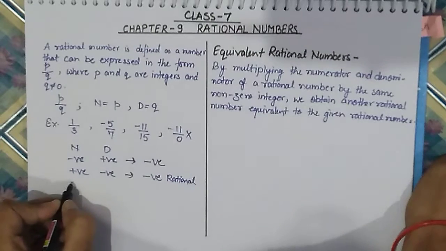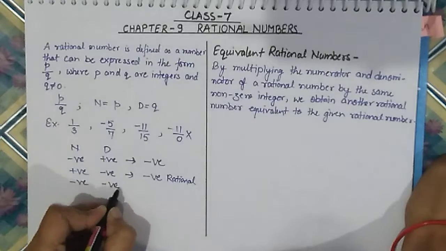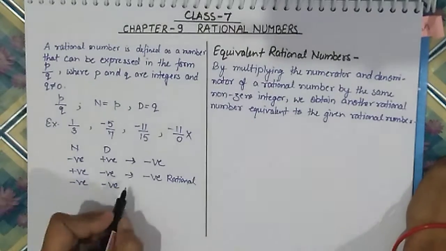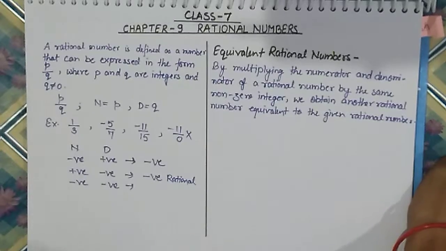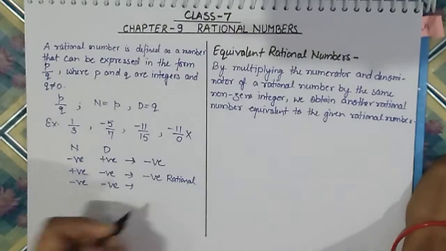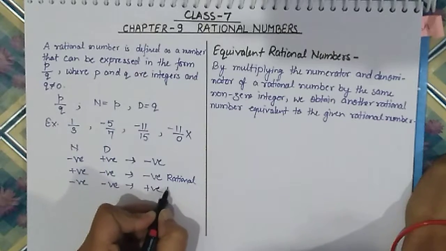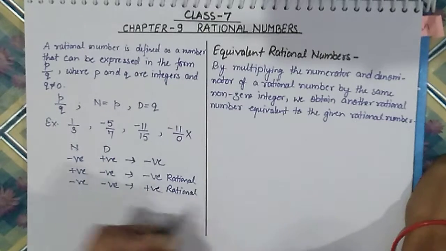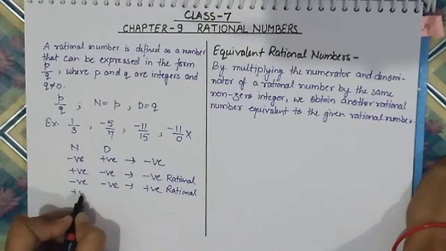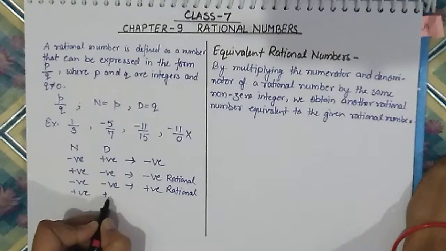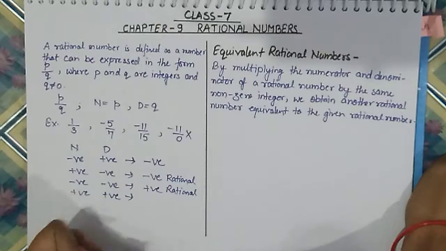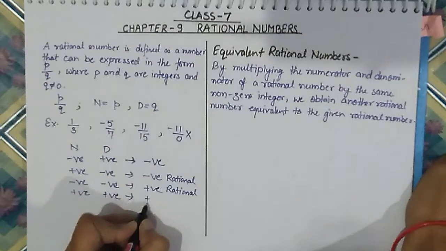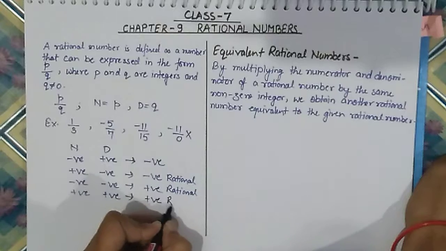What if both the numerator and denominator are negative integers, like -1, -2, -5, -11? Then the rational number formed by them is a positive rational number. And if the numerator is a positive integer and the denominator is also a positive integer, then the rational number is a positive rational number.